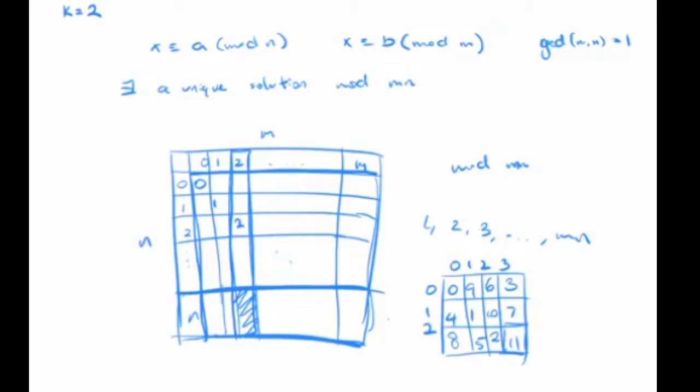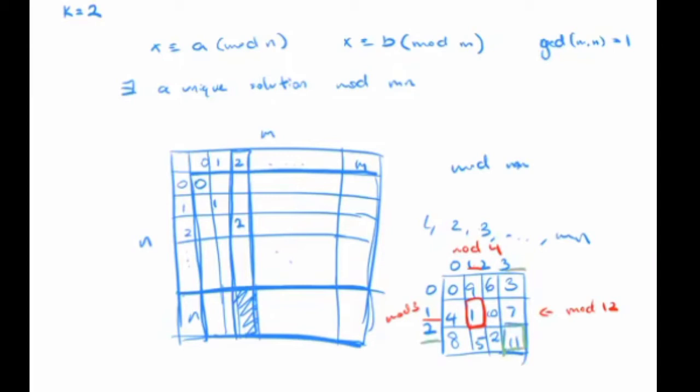So basically this is mod 3, this is an example, right? The numbers are mod 12. For example, we have 1 here is 1 mod 4, 1 mod 3, right? 11 is 3 mod 4 and 2 mod 3.